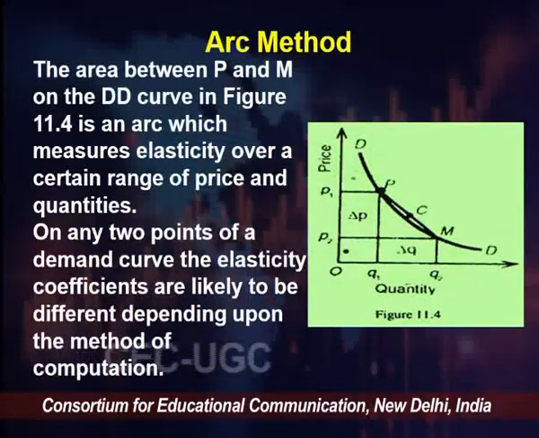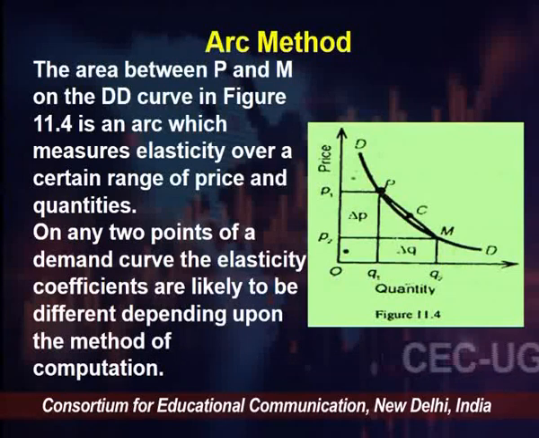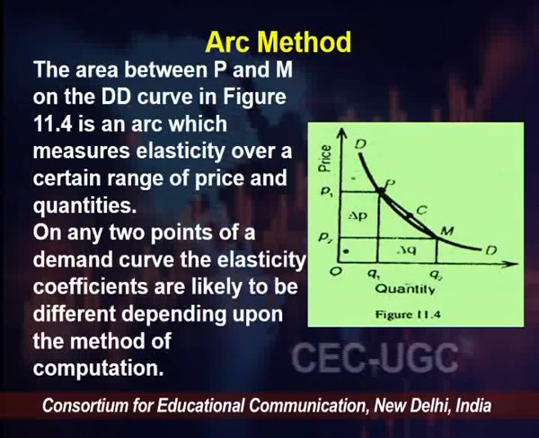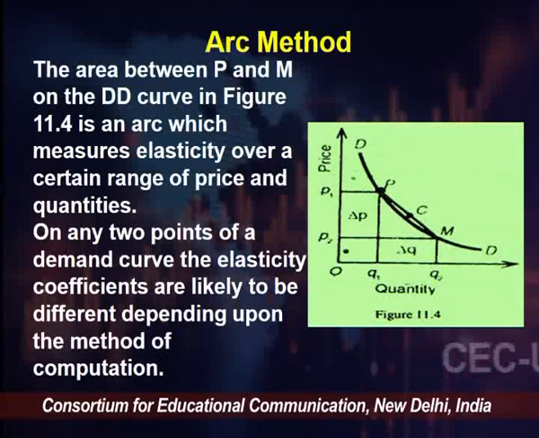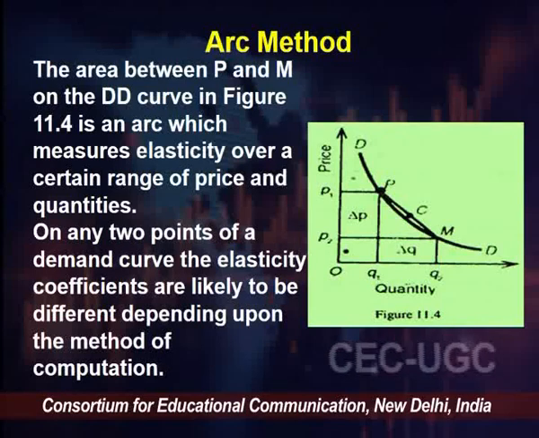Okay, so in this diagram you can see that the area between point, suppose P and point M on this demand curve in this figure is an arc which measures elasticity over a certain range of price and quantity. Now on any 2 points of a demand curve, the elasticity coefficients are likely to be different depending upon the method of computation.